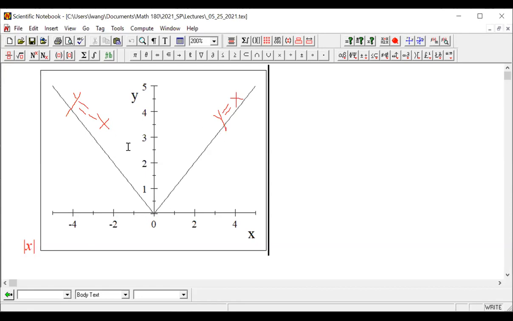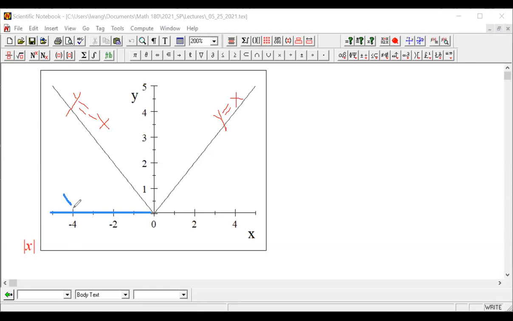So these two pieces, you can see the rules are different, right? This piece of the rule applies only to negative input. If the input is negative, okay, hold on.